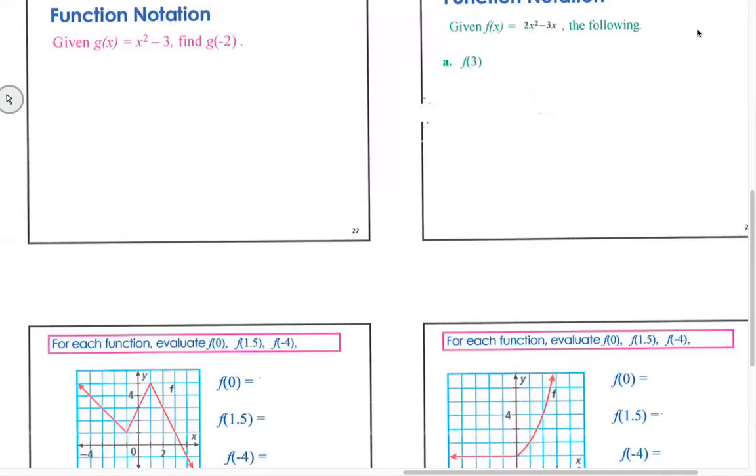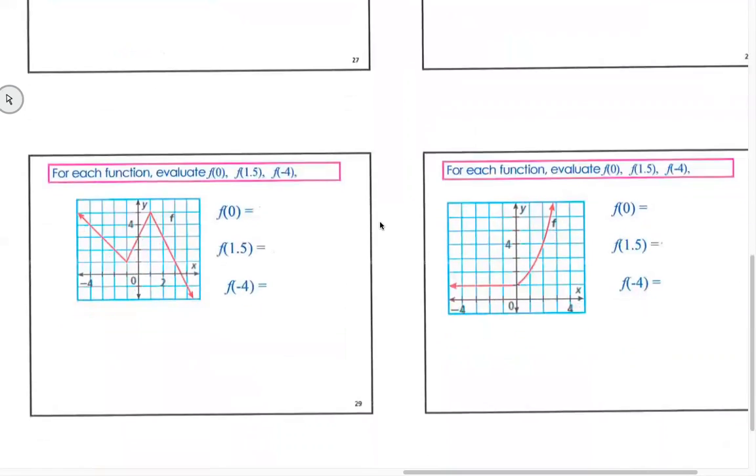I'm going to plug this into my y equals button on my calculator, and I'll show you what that looks like. And then I'm going to go to my table. But if it's just asking me 1, I'm just going to plug it in and not worry about using my calculator. Now, how do I do it when it's giving me a graph?